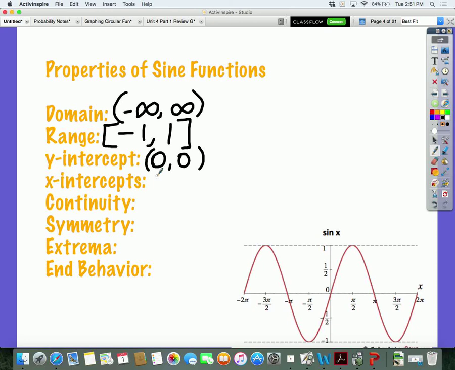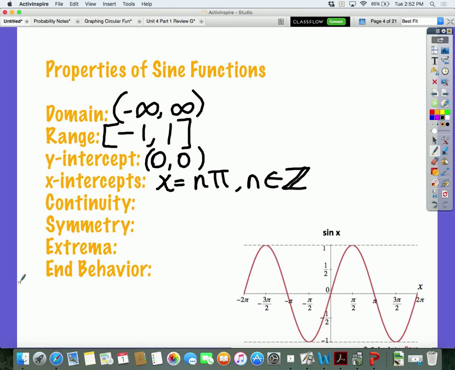N representing what? Any integer. So my x-intercepts would be n pi, where n is an integer. What was the symbol for integer? Oh, Z. Yep, they have to say every pi. Pi, 2 pi, 3 pi, 4 pi, negative pi, negative 2 pi, so on and so forth.